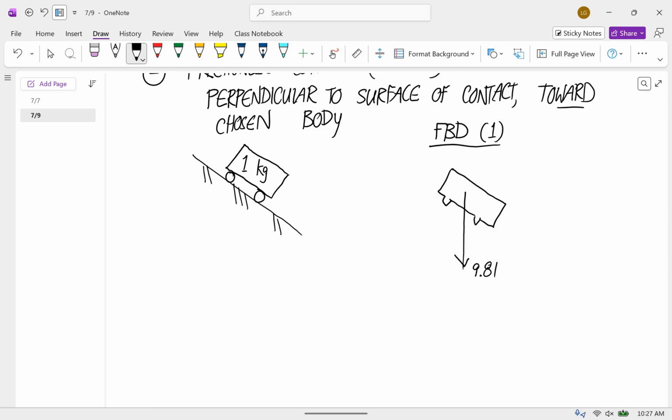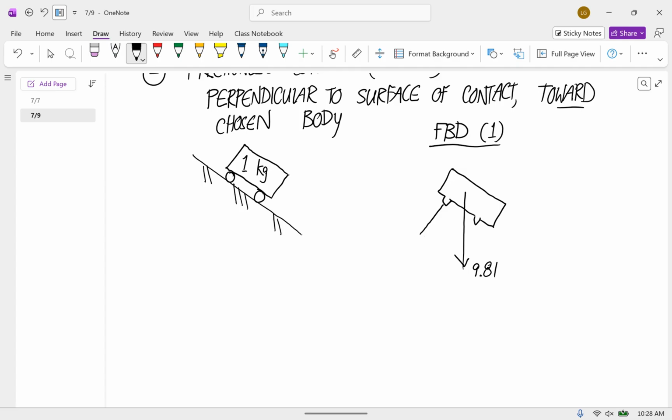And then I'm only going to draw this on one wheel for now because a particle is something that you're treating as having no length dimension. So everything really is happening at a single spot. So I'm just going to put this all at one wheel. But you have a force vector that's perpendicular to the surface. So it could be down and to the left or up and to the right.